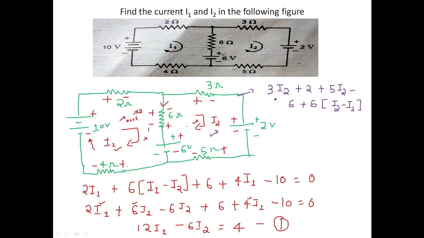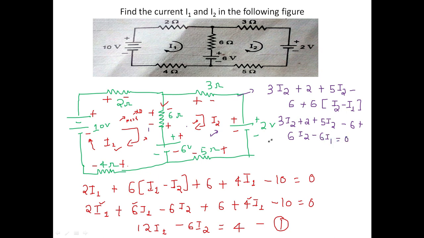Now if we further solve it, then 3I2 plus 2 plus 5I2 minus 6 plus 6I2 minus 6I1 is equal to 0.